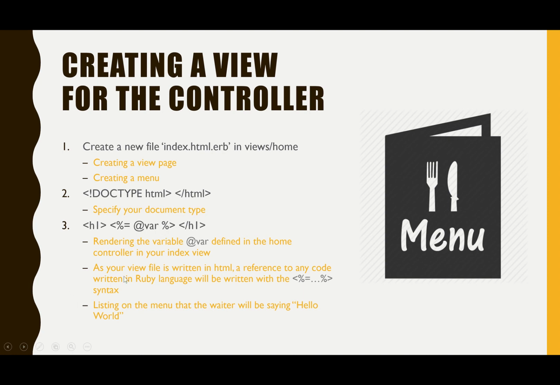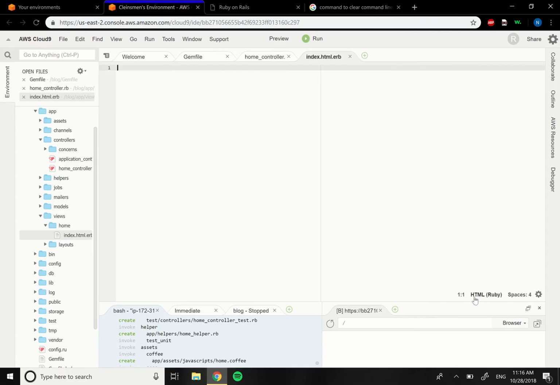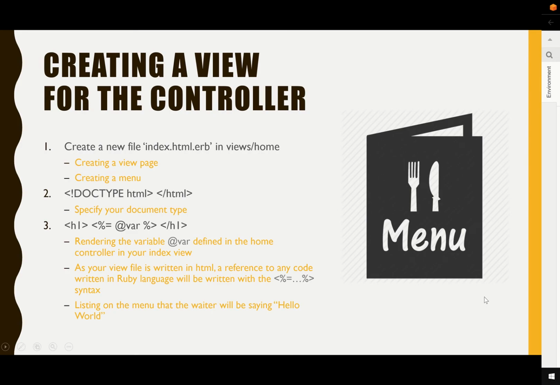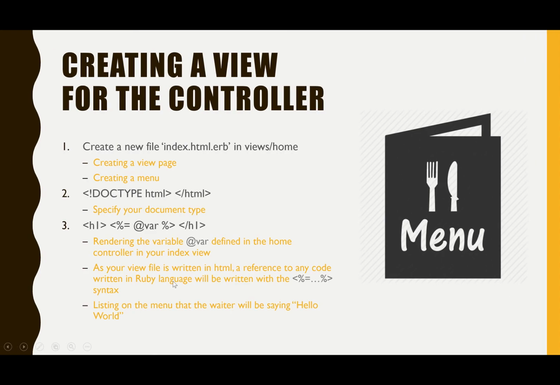As your view file is written in HTML, so you can see here, HTML encoded in Ruby. You want to reference any code written in Ruby language within these tags. So it's a very specific set of tags, as you can see. What you're basically doing here is listing on a menu that there is an action that I can pick that will basically ask the waiter to say hello world to me.